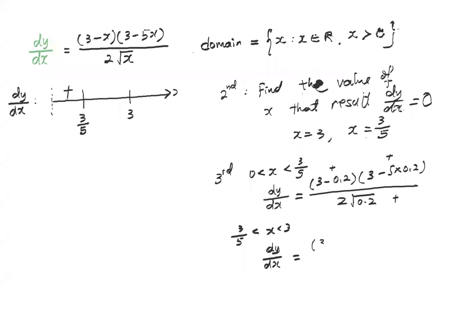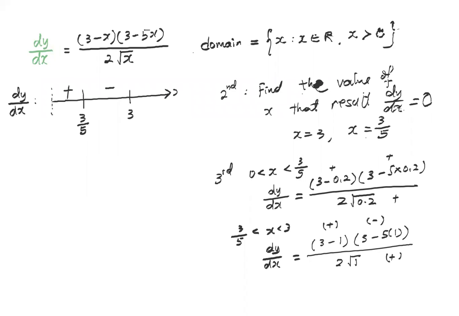So (3 - 1)(3 - 5 times 1), the whole thing divided by 2 square root of 1. Actually, down there I don't have to handle. It's definitely positive. Positive, positive, negative. What do you get? See or not? You don't need to calculate. You just think about it.